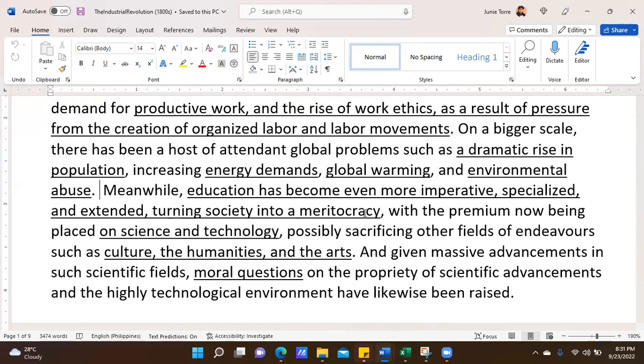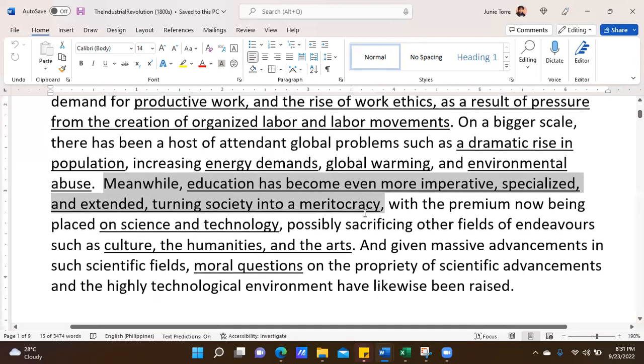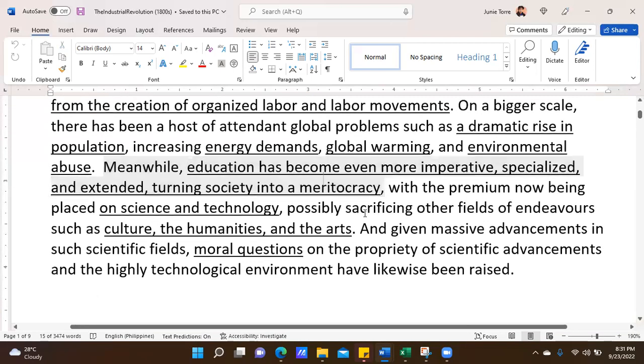Yeah, unprecedented in human history. Meanwhile, education has become even more imperative, specialized, and extended, turning society into a meritocracy. Okay, lots of questions on education.